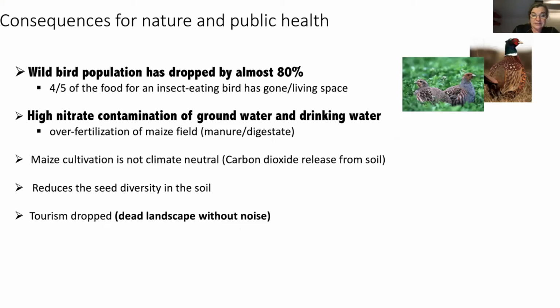The next thing is that the maize cultivation itself is not a climate neutral process because it releases more carbon dioxide from the soil, which has something to do with how they treat the soil. It reduces the seed diversity in soil, and tourism also started to be affected because these landscapes were dead and there were no noises anymore and no one traveled there any longer.